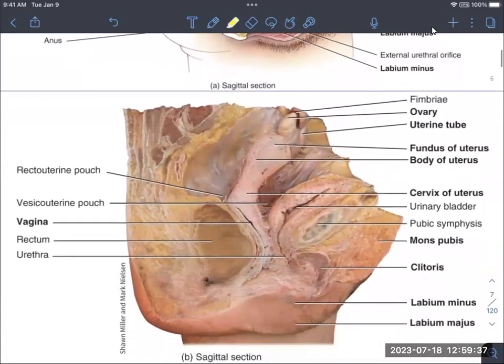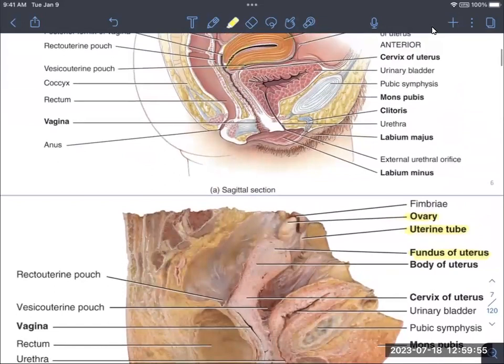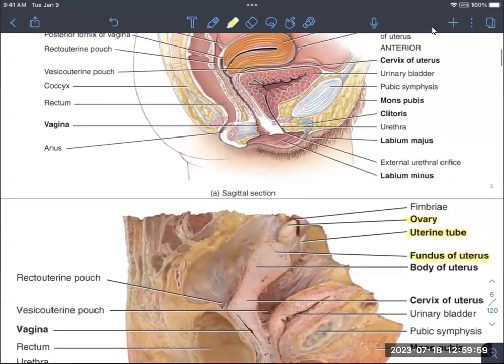Here is this picture in a cadaver. You can see this ovary. The uterine tube is what attaches to that ovary. Then we even have the uterus. This uterus stands more up than this picture below, but it sits just above that urinary bladder.